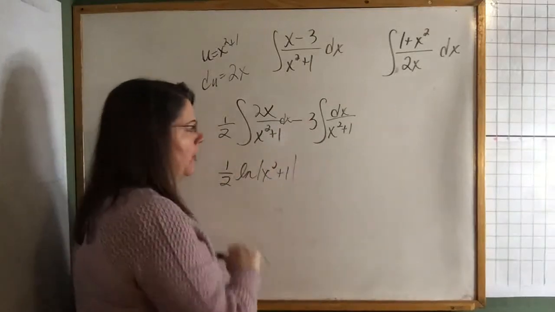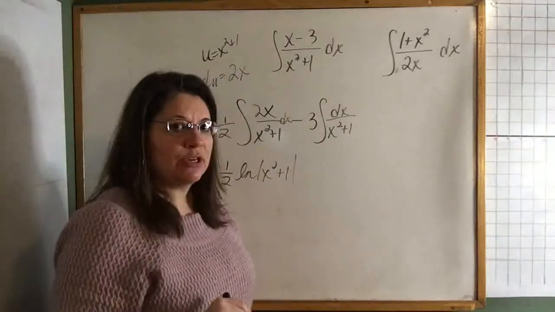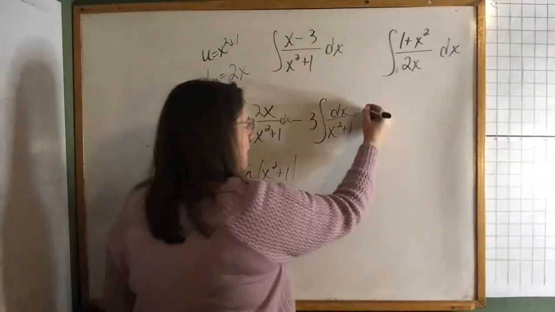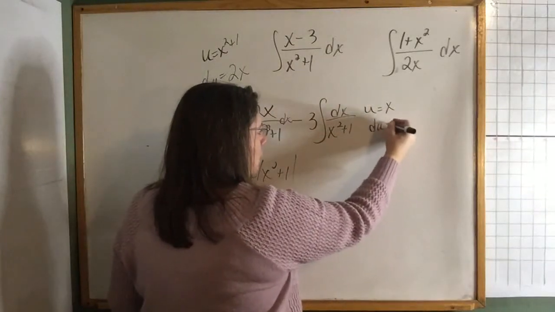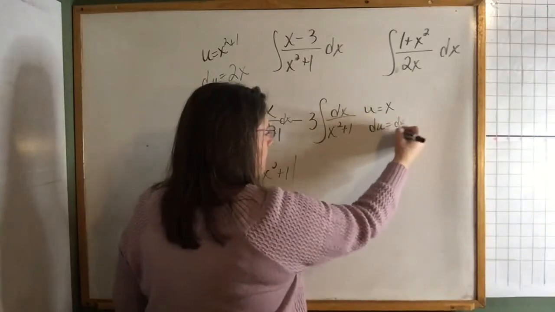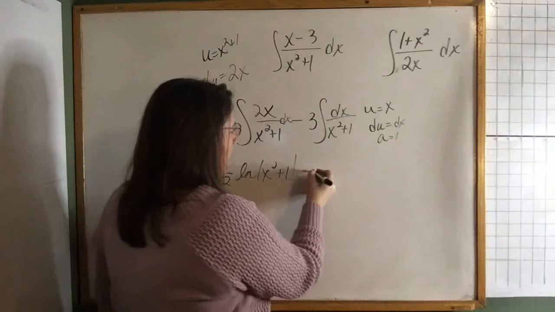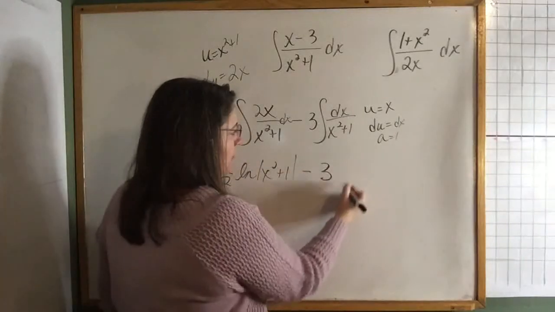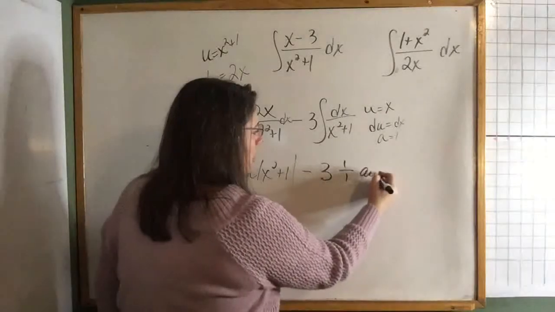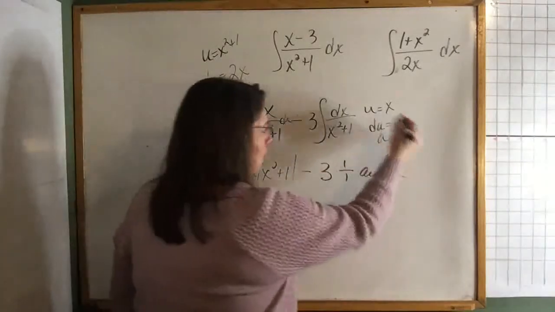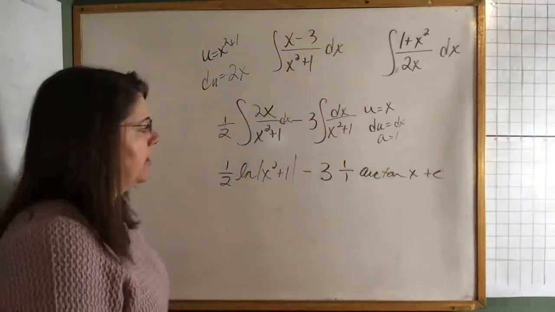And then for this part, that again looks like an arctangent situation where my u is x, my du is dx, and my a is 1. So we have minus 3 times 1 over a, which is 1 over 1, times arctangent of u over a, which is x over 1, which is just x, plus c.